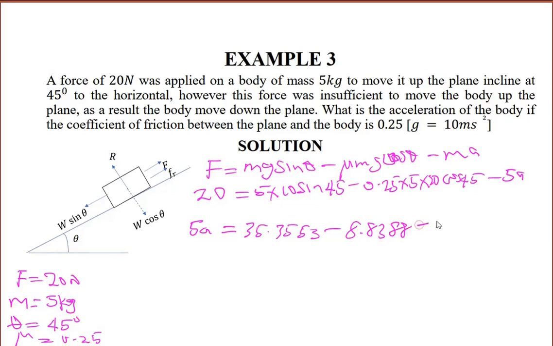Now minus 20 that will carry over. So we have 5a equals, let's do the mathematics, 35.3553 minus 8.8388 minus 20.